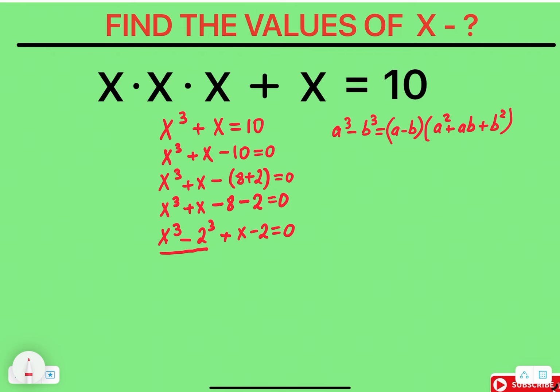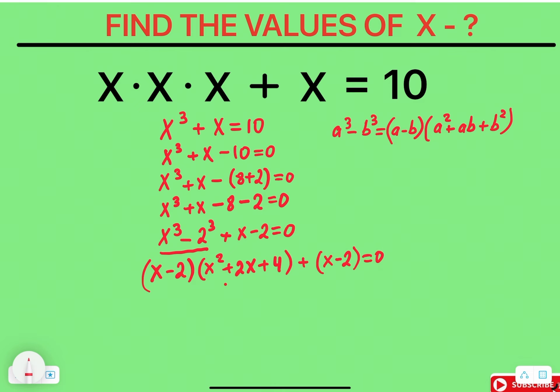I will use this formula to solve this part. So our a is x in this case, b is 2. Now let's write this way: x minus 2 times x squared plus 2x plus 2 squared, which is 4. Then whatever we had at the end, we will add inside the parenthesis, x minus 2 equals 0.